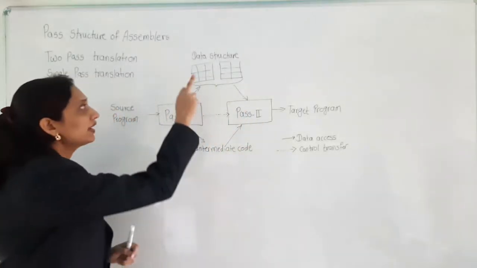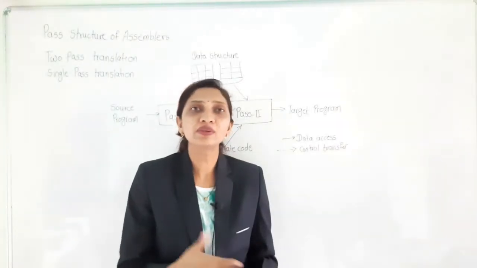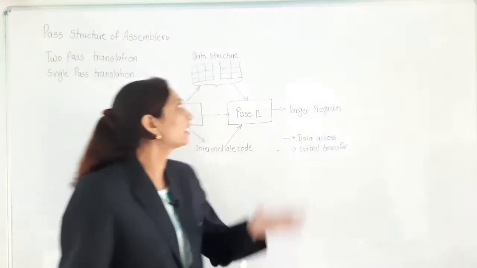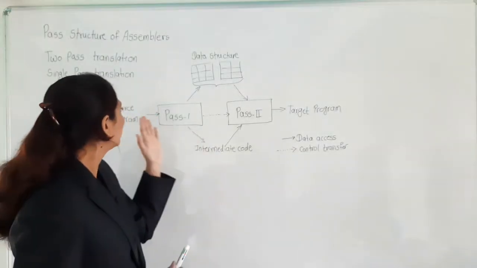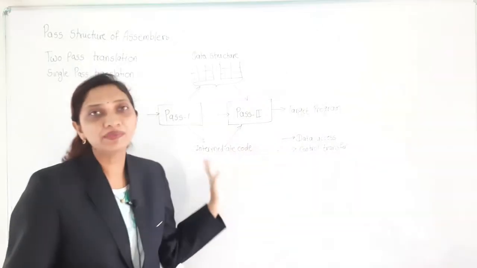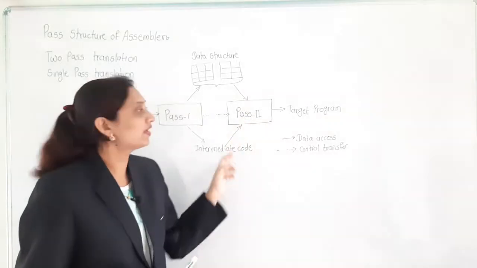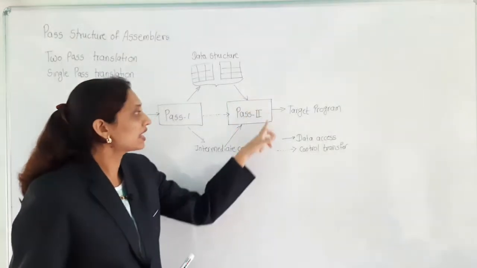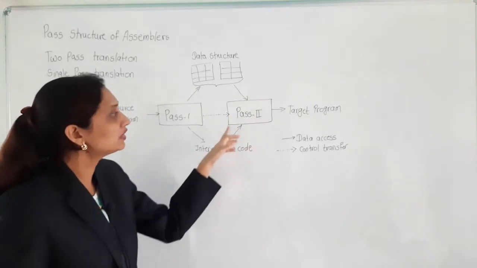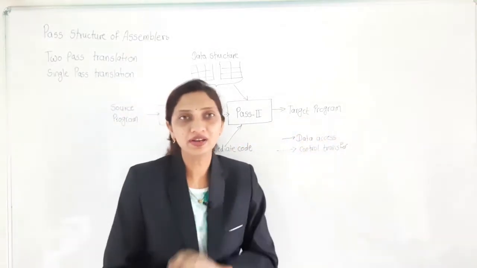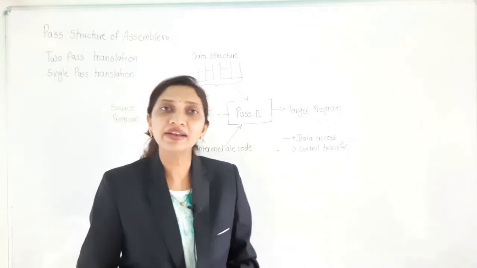The first is the data structure, like the symbol table and the other different tables used during the analysis phase, and the second is the intermediate code. The intermediate code is then given to pass 2, the synthesis phase, which converts the intermediate code representation into the target program.